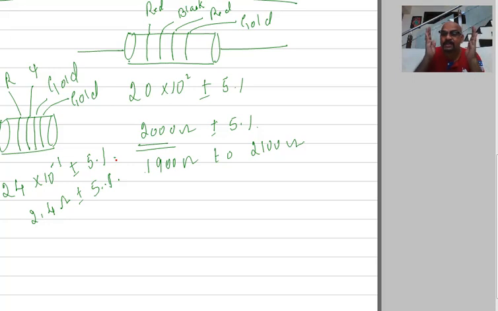Tolerance represents the possible variation of resistance. If there is no fourth band, then the tolerance is 20%. If the fourth band is gold, tolerance is plus or minus 5%. If the fourth band is silver, then the tolerance is plus or minus 10%. So this is how it goes, dear students. And now we'll move on to the next one.